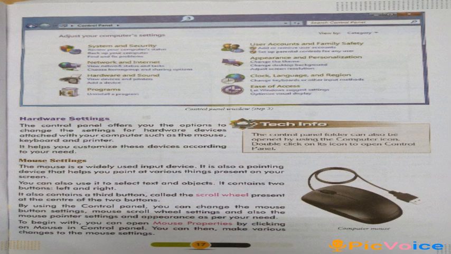By using the control panel, you can change the mouse button settings, mouse scroll wheel settings, and also the mouse pointer settings and appearance as per your need. To begin with, you can open mouse properties by clicking on mouse in control panel. You can then make various changes to the mouse settings.